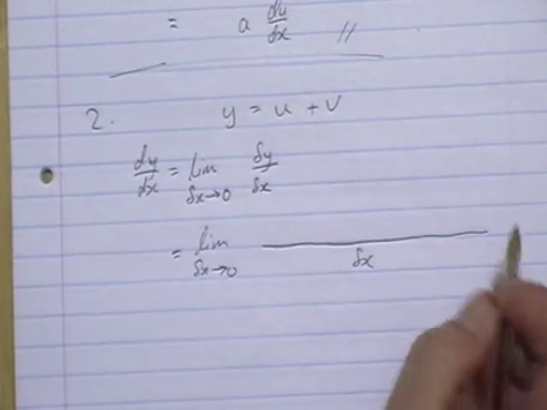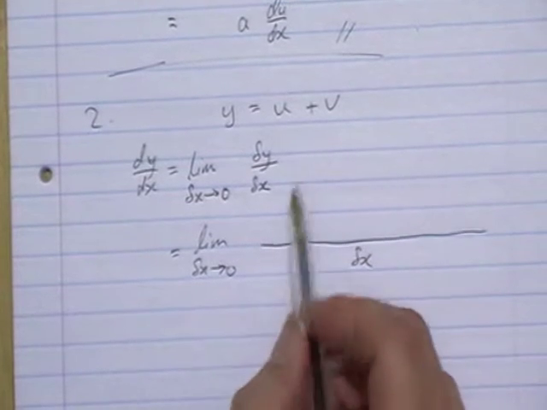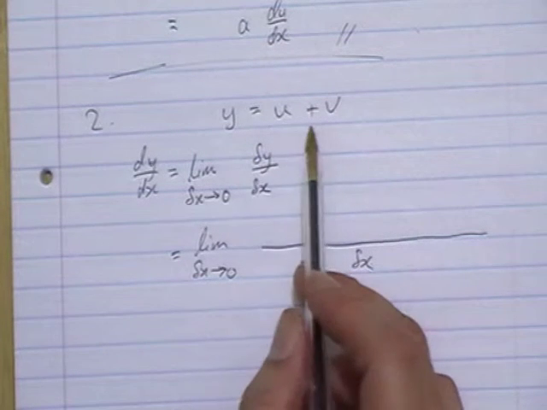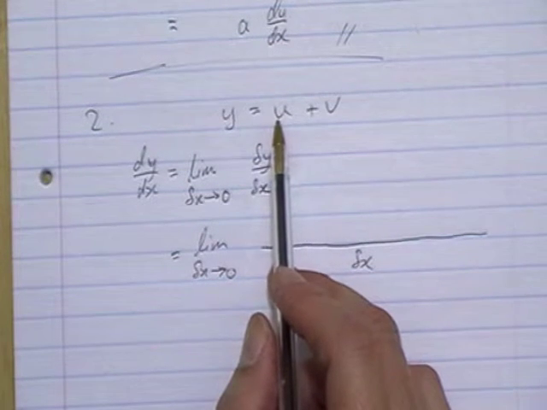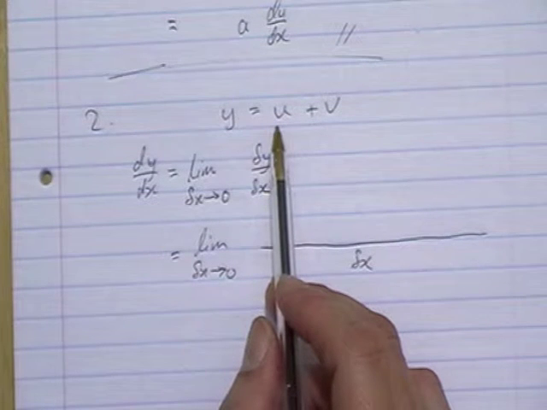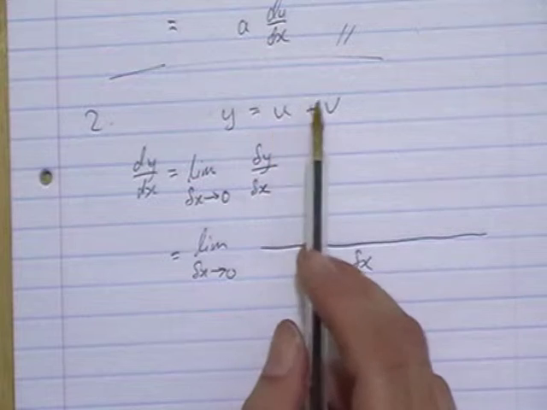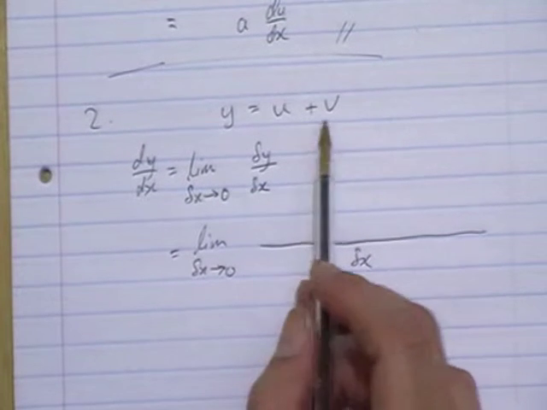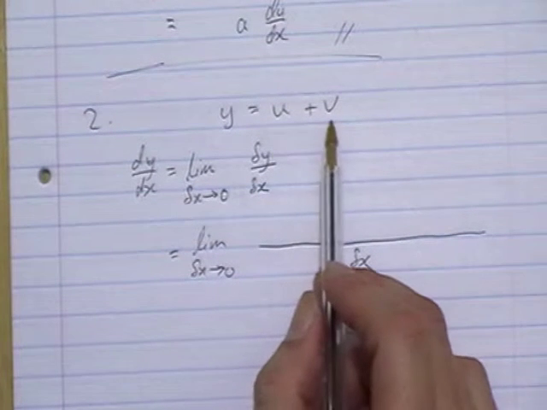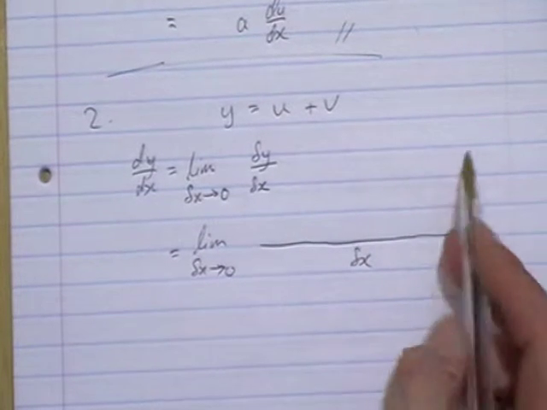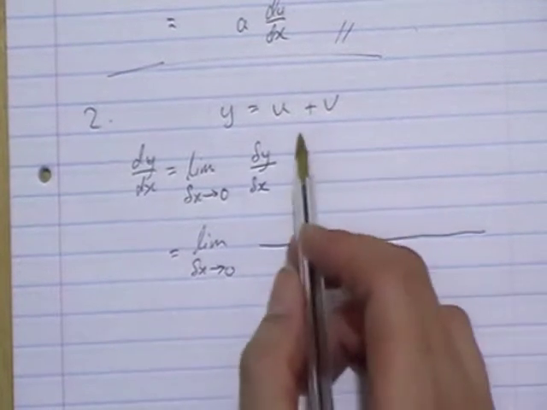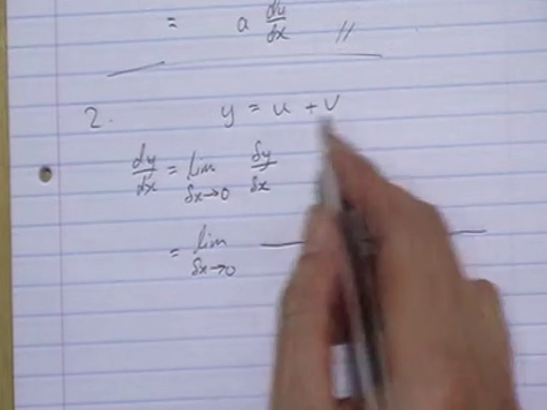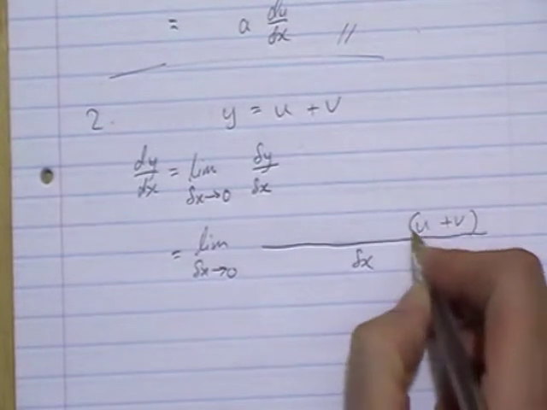I'll draw a long line to prepare for what I need to write down. Now, delta y is the increase in those terms added together. So at first, before x increases by delta x, we have just u plus v as a function of x.